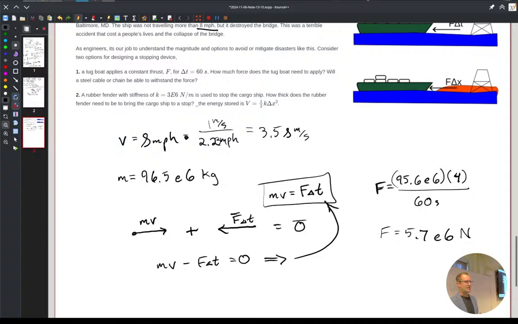Meganewtons. How much thrust can a tugboat actually create? I don't know.